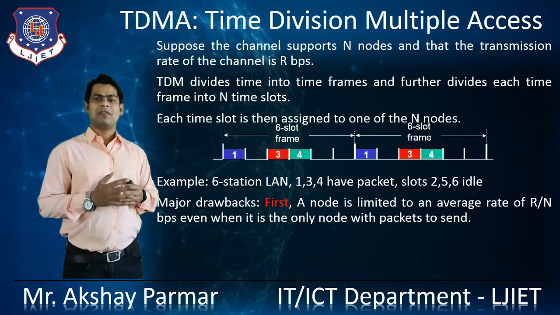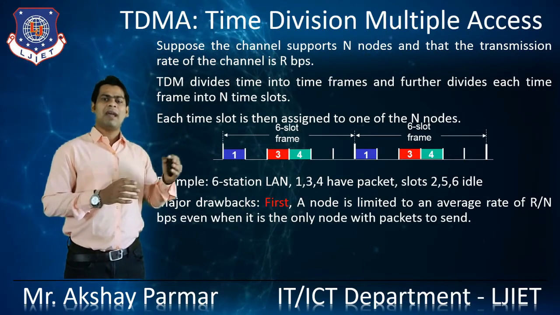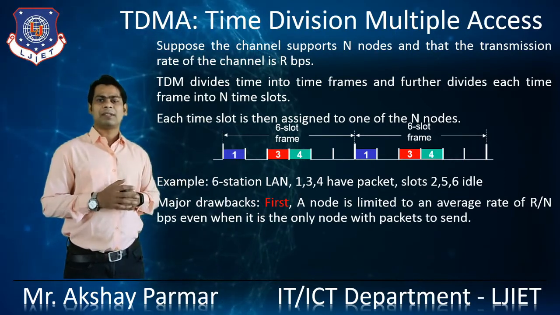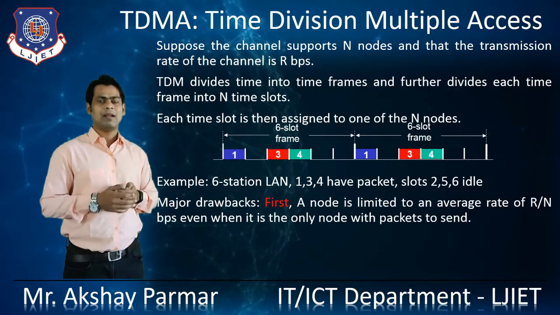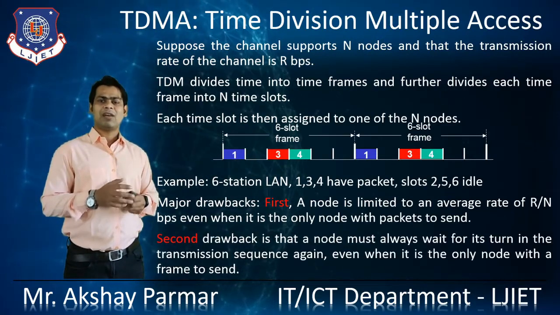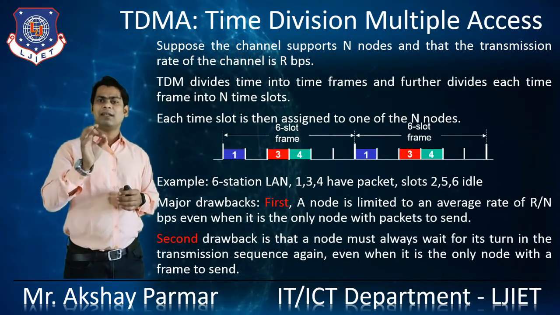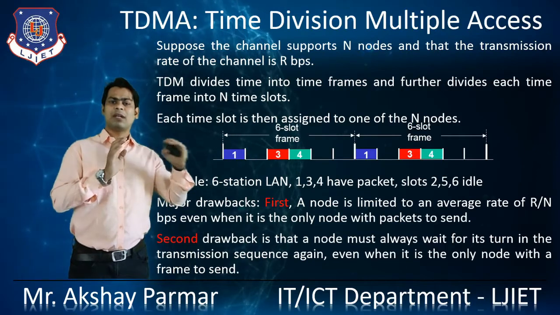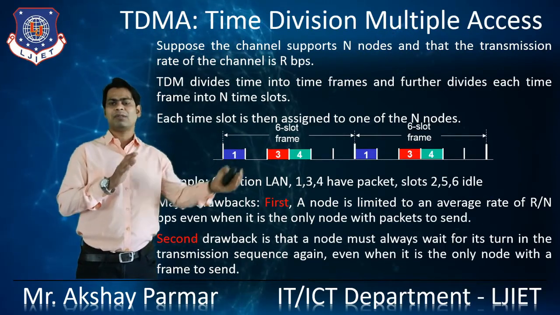Major drawbacks: first, a node is limited to the average rate of R by n bits per second, even when it is the only node with a packet to send. The second drawback is that the node must always wait for its turn in the transmission sequence, even when it is the only node with a frame to send.